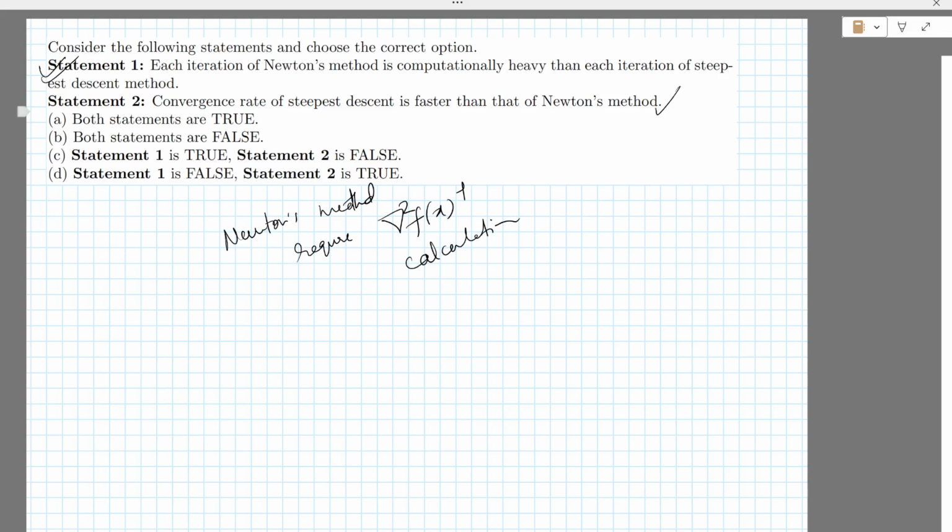So this is incorrect. It's false. This has a linear convergence rate, and this has a quadratic.